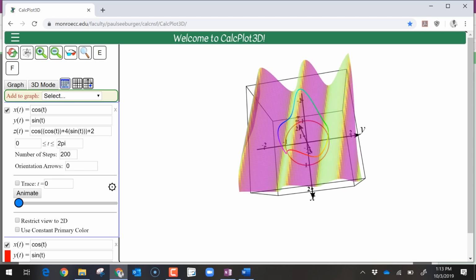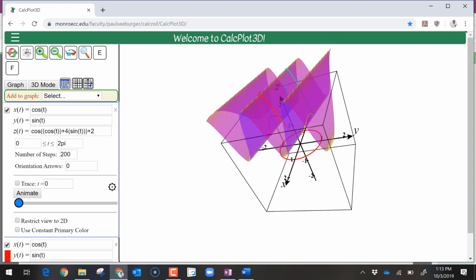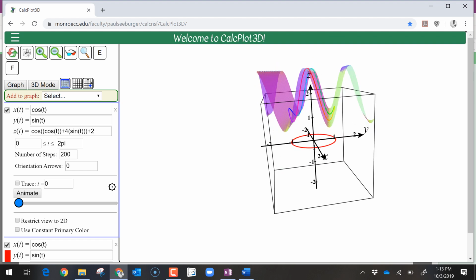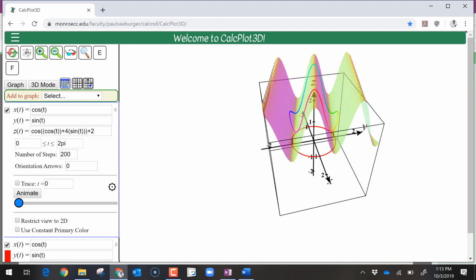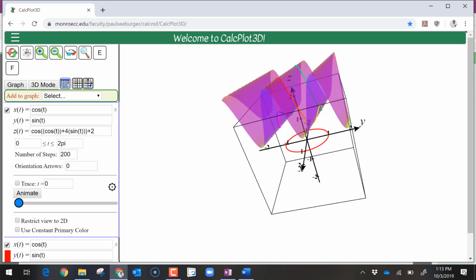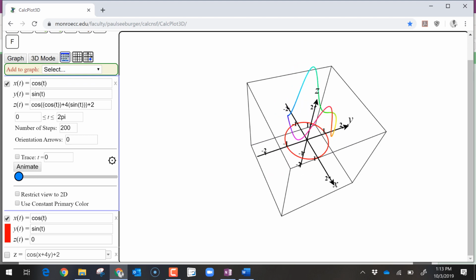But then your z is superimposing the circle. Yeah, so you're putting that circle that's on the xy plane, and then you're just projecting it up onto the surface. So this is how it would look if we take the surface away. Then this is how the curve would look.